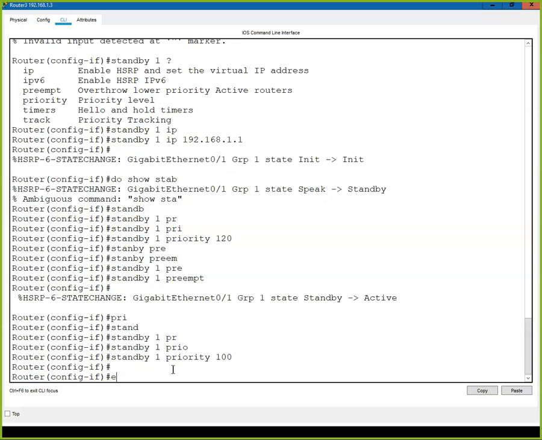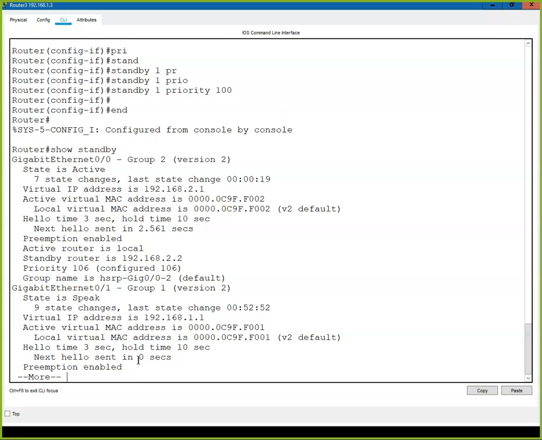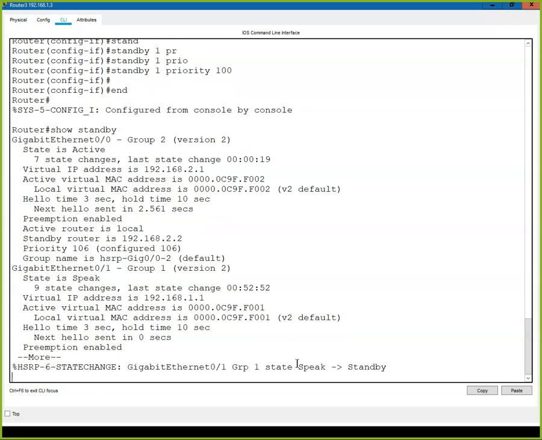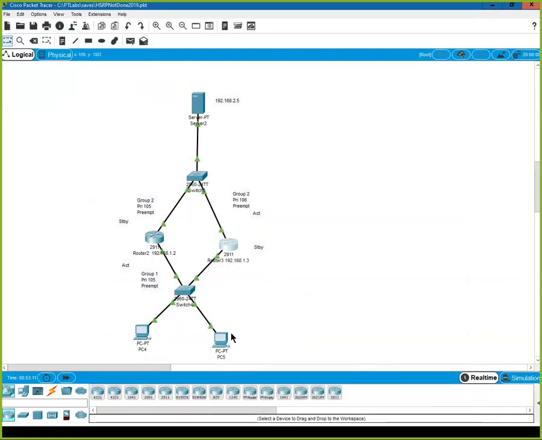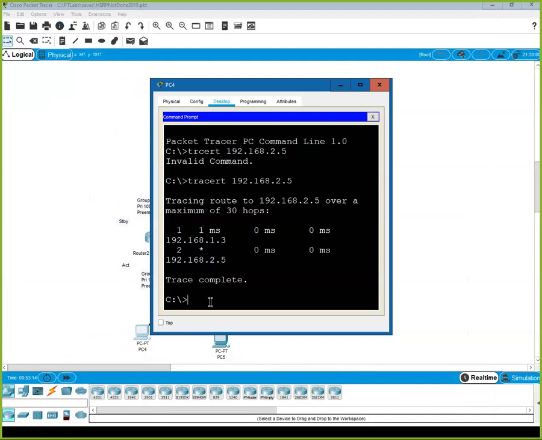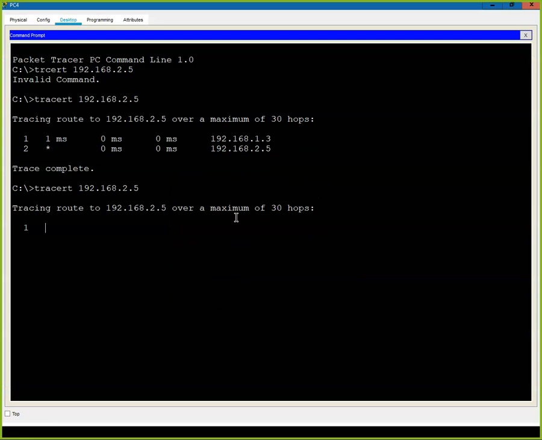We'll see if they'll talk here in just a second. Hello sent, there we go. It took a few seconds, as you saw when I did that. We're now the standby. So did the active router change? I'm still going to the same default gateway. Let's do a traceroute to 2.5.